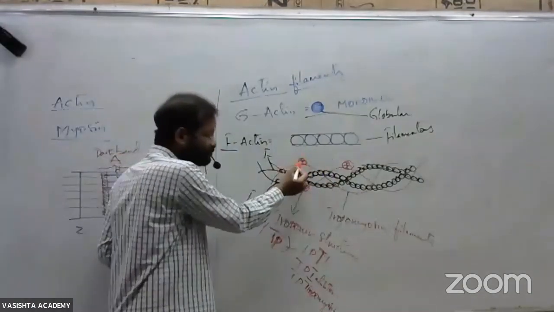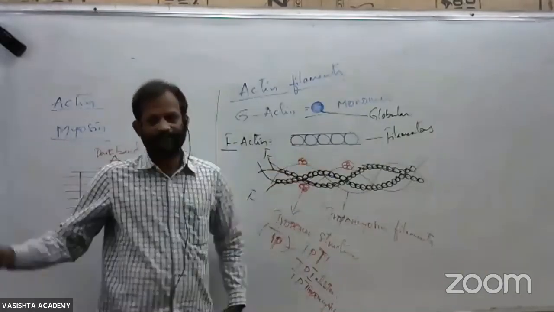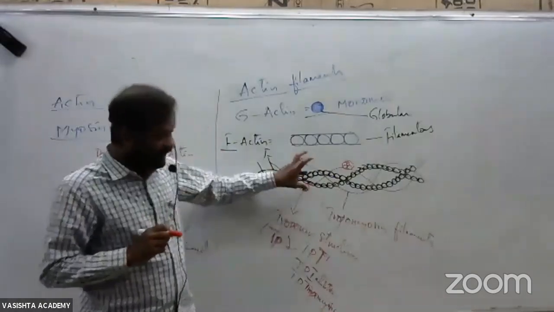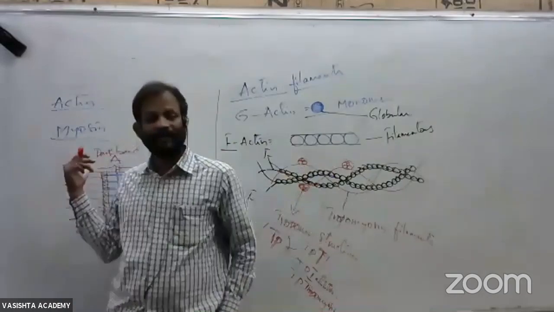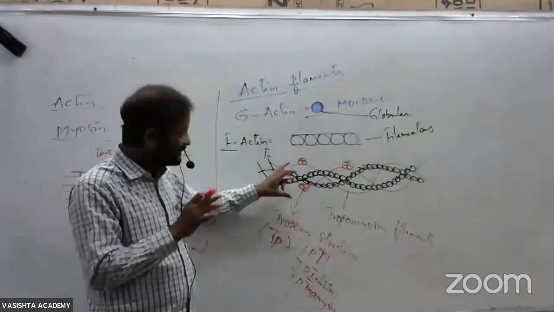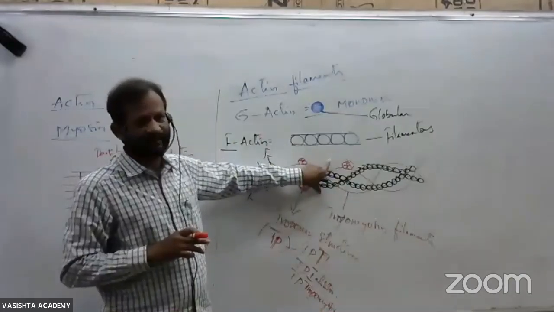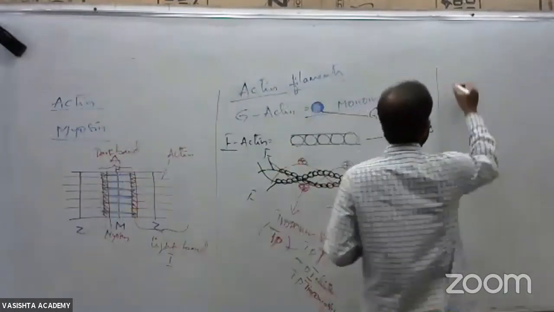Only in this spot can it attach with myosin. So that's why you have to remember this structure. For understanding muscle contraction, you must have clarity in the structure of myosin filament as well as actin filament. So now let us see the structure of myosin.